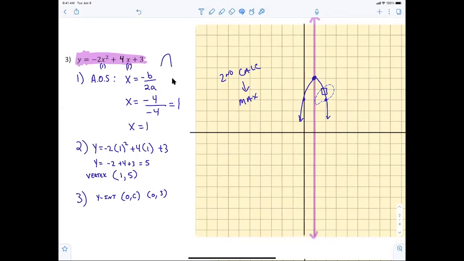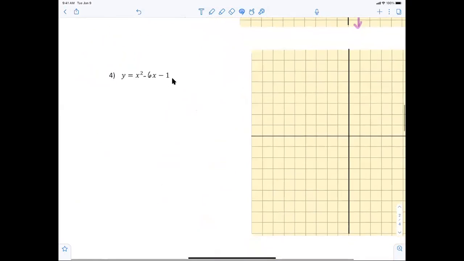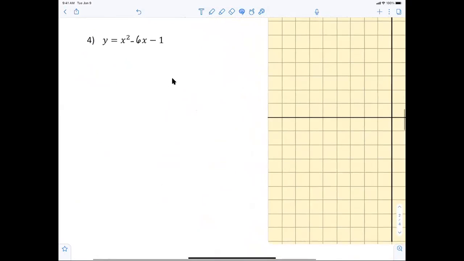All right, so now we've done 3. All right, so we should be getting a little better. So let's take a look now at number 4. Here we go. Does this open up or down? Up. All right, so here we go. Step number 1. AOS colon X equals, what's the formula? -b over 2a.